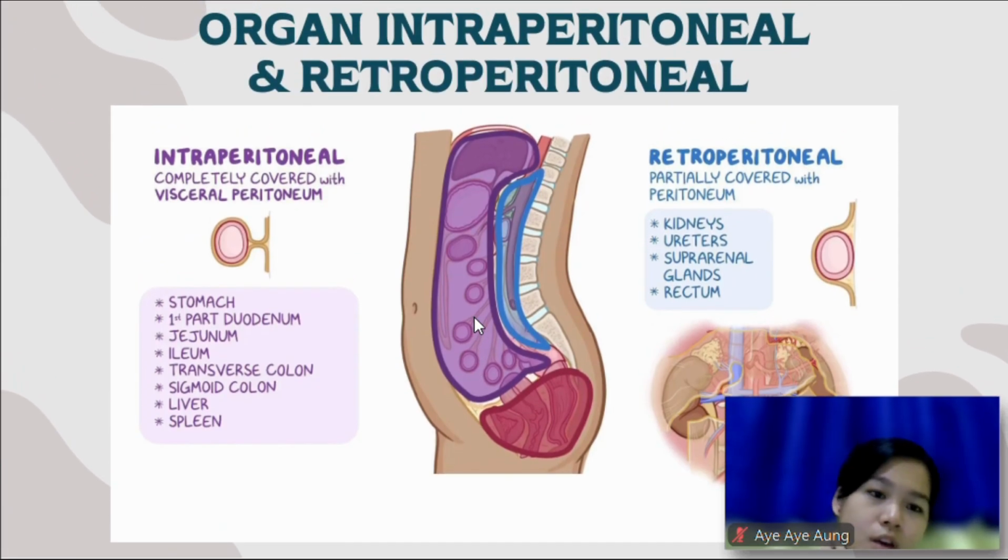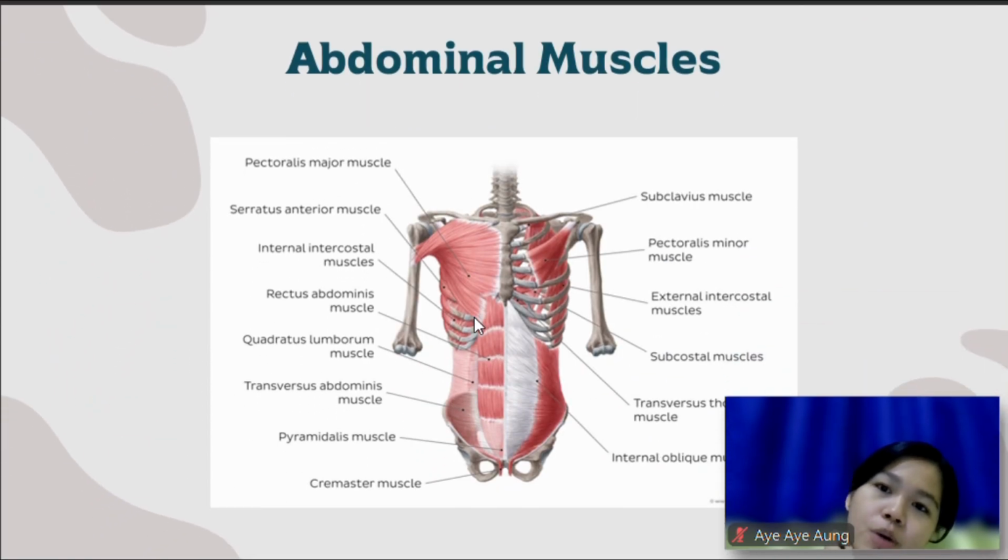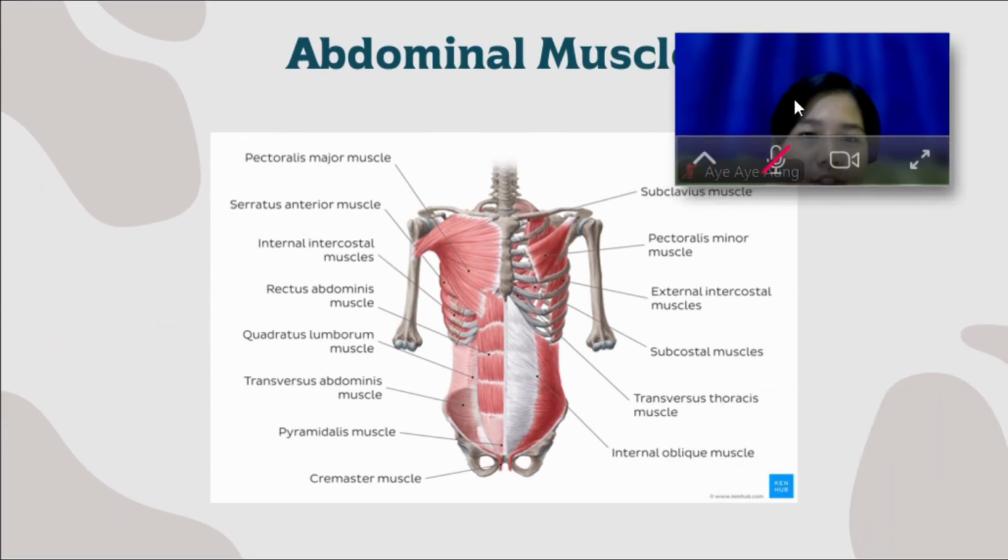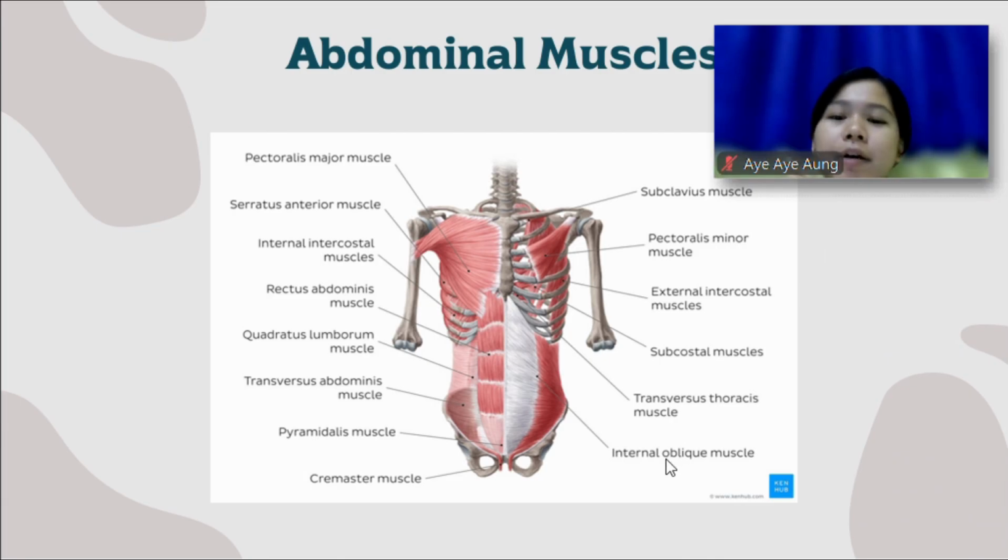Okay, we will move on to the abdominal muscles. The external oblique, internal oblique, transversus abdominis, and rectus abdominis are the four main anterolateral muscles. And the external and the internal oblique help rotate the trunk, and the transversus abdominis stabilizes the abdominal pressure. The rectus, I don't think the muscles are here.